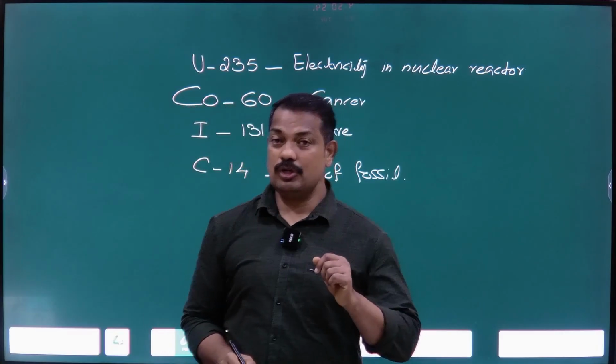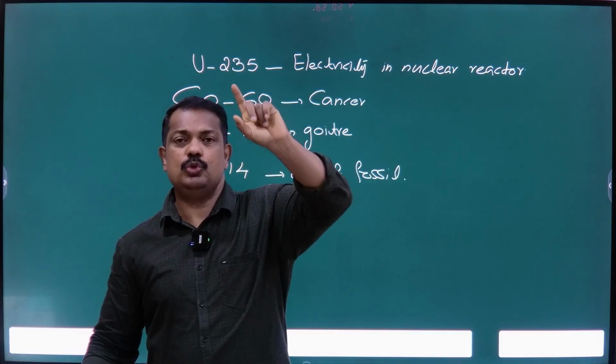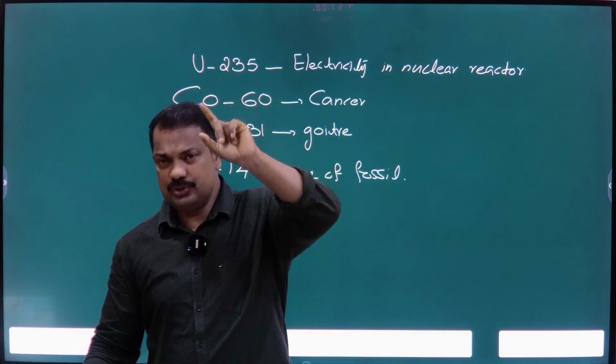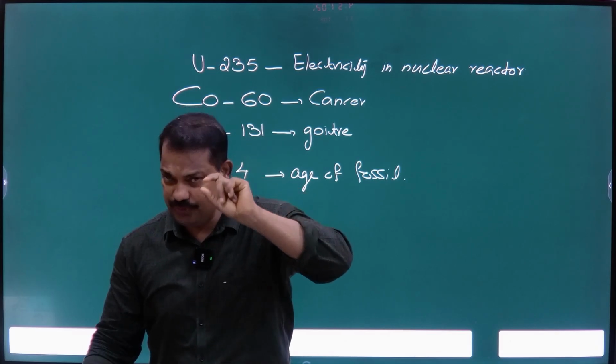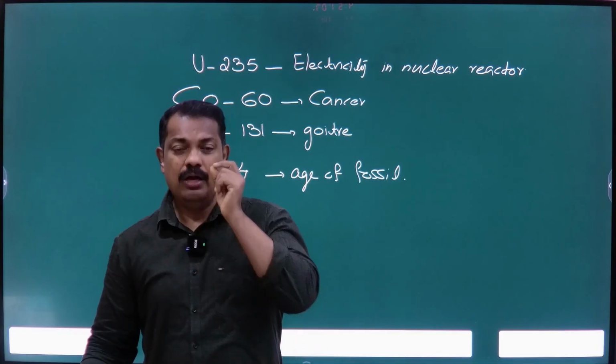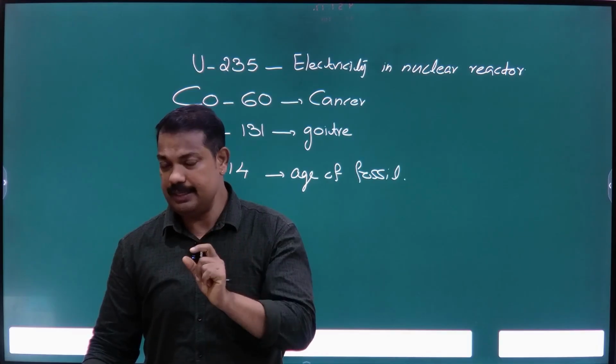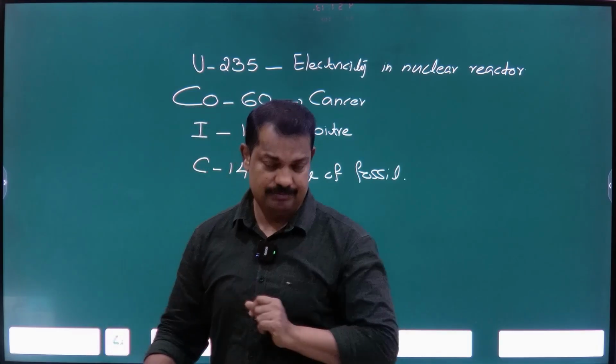These are the different isotopes, applications of isotopes. Uranium 235 is used as a fuel for the production of electricity. Cobalt 60 is used in the treatment of cancer.